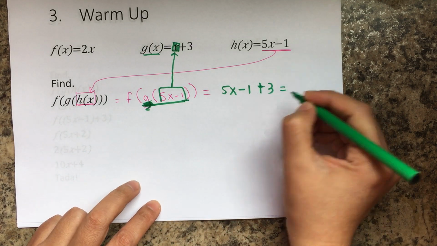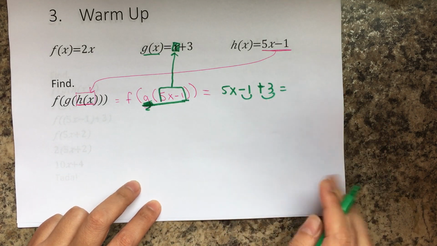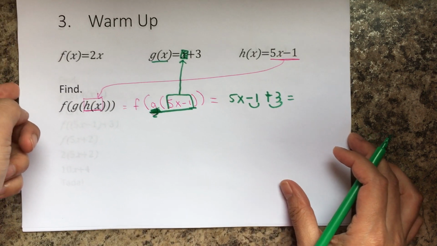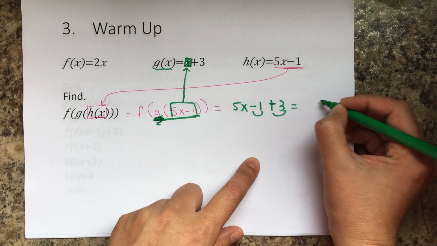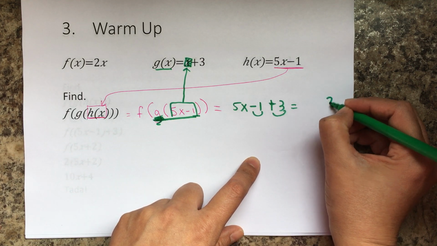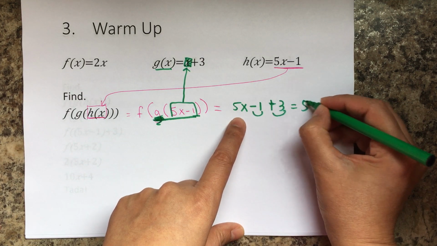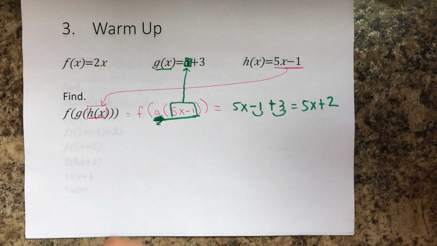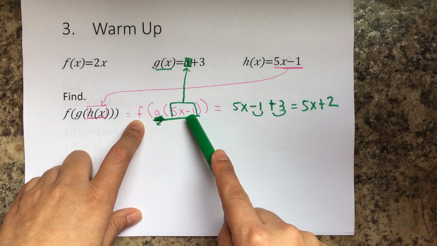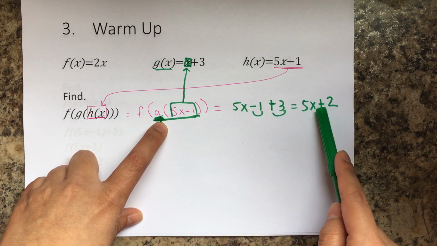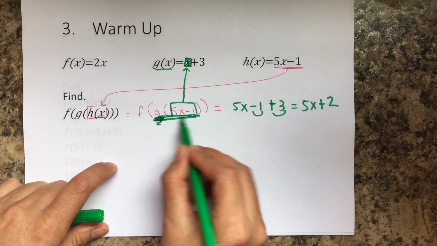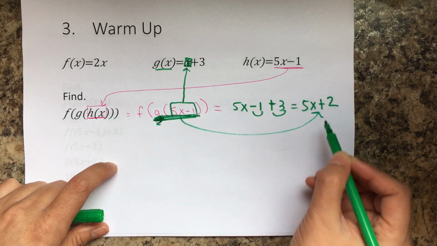We combine like terms, and so we have the -1 and the +3. We have 2, and we just bring the 5x down. Okay, now that is f of g of 5x minus 1. Notice how I underline this, and this represents this part.